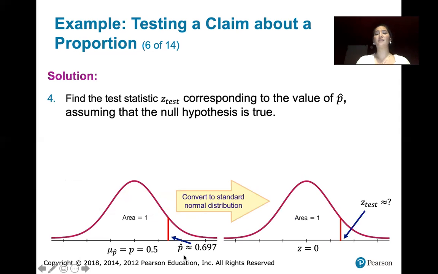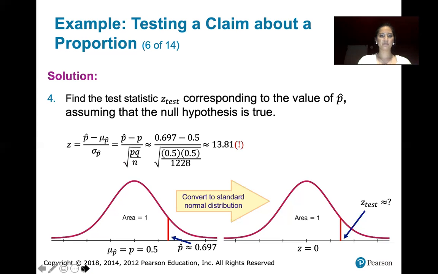In order to figure out what the z-score is that corresponds to p hat, or in other words, how many standard deviations p hat is above the mean, we use this formula. We take p hat, our continuous random variable, subtract the mean of the sampling distribution, and divide by the standard deviation of the sampling distribution.